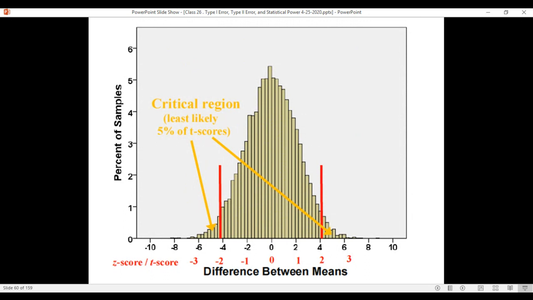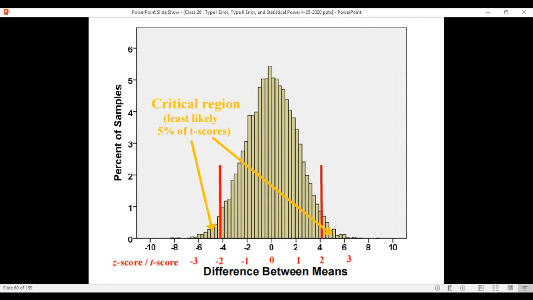Here in this slide, you can see the same sampling distribution you saw earlier. The red bars, which represent the critical values, are in the right position for alpha equals 0.05. In other words, the area of the histogram outside of these bars, outside the critical values, is 5%.